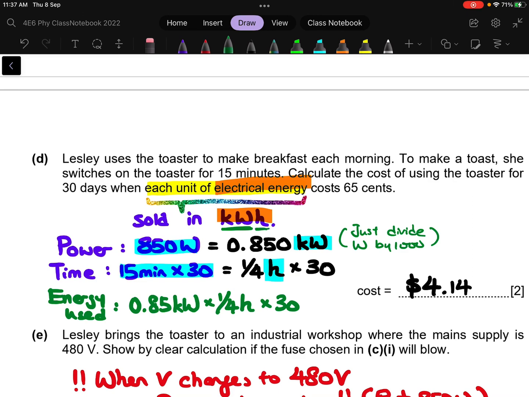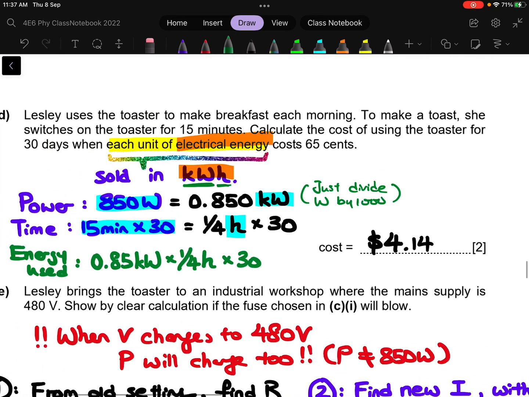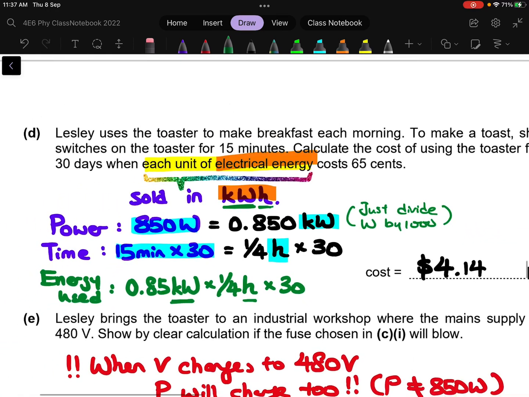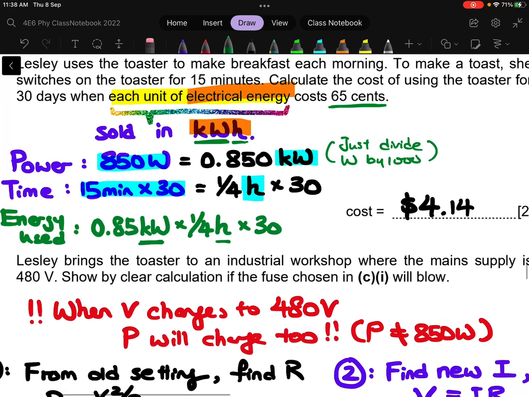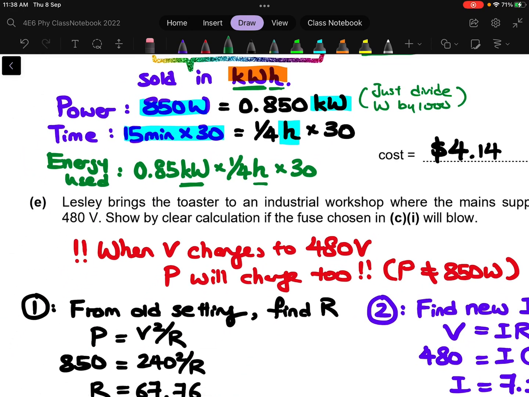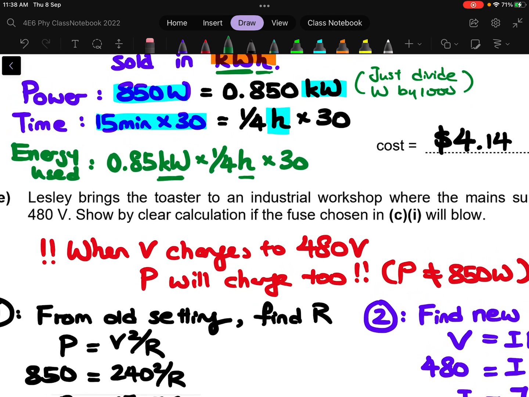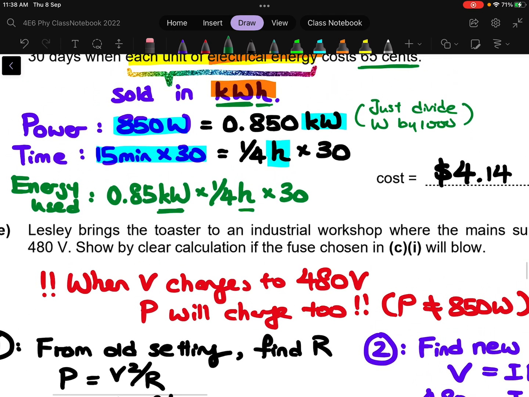And you will be able to get this part. So once you got the kW from the power rating and you got the duration in hours, you just need to multiply them like that. Once you multiply them, you get the amount of energy used in kWh. And then now you know that every 1 kWh is 65 cents, and you can find out that the total cost is $4.14.